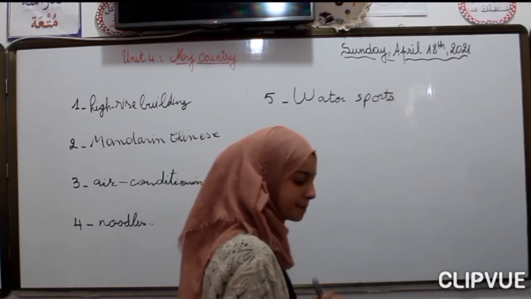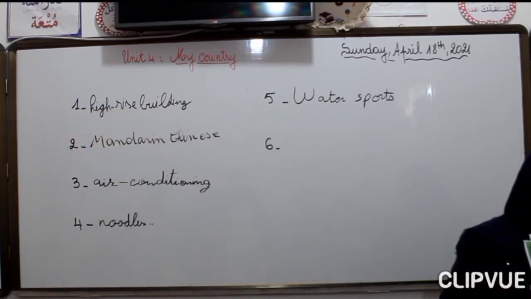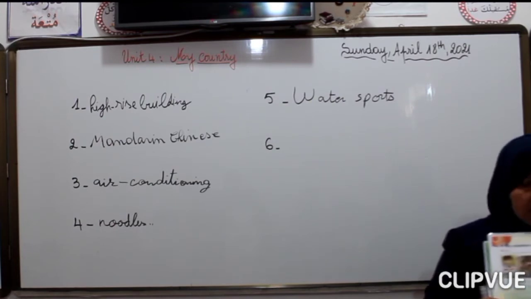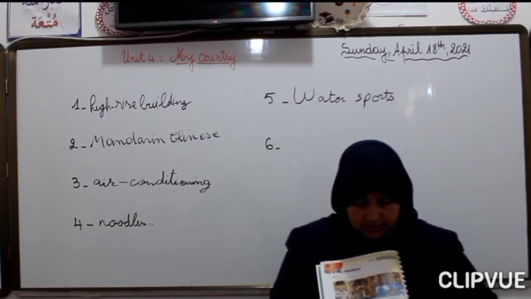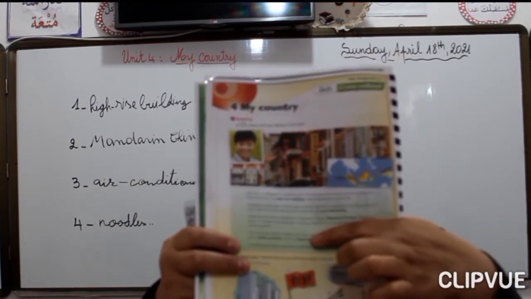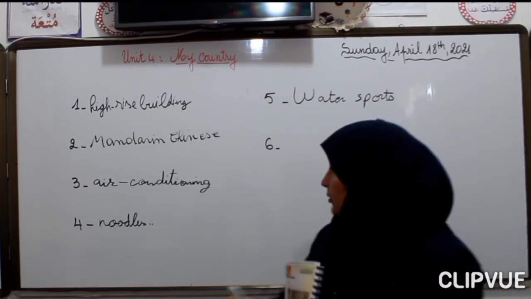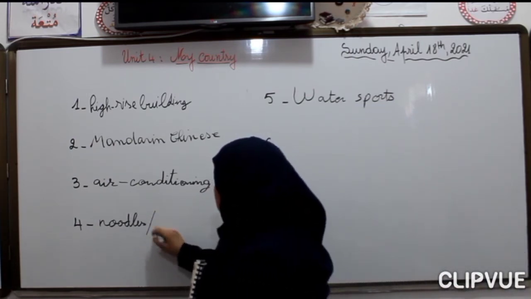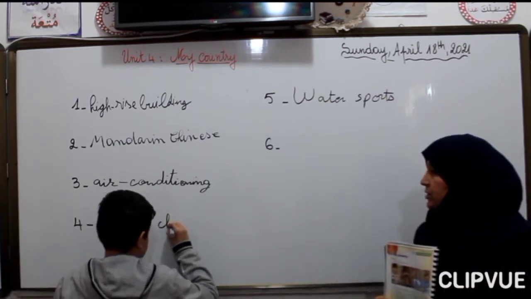The picture is chopsticks and noodles. But what's highlighted here? Chopsticks, yes. It's chopsticks that's highlighted. Yes, sir, Akram. Can you write chopsticks? You can say noodles, but they ask us to write the highlighted words.